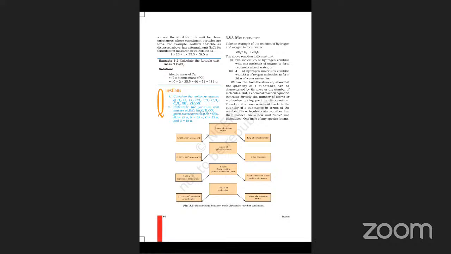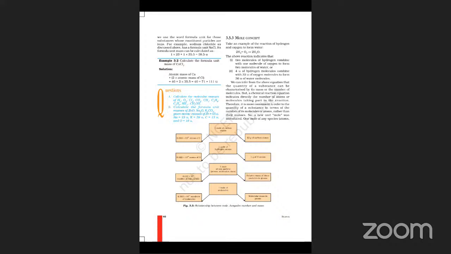Whereas in formula mass unit, we take compounds which have charges in their atoms. That means they have ions, and then we take their number of ions and multiply by their atomic mass, and then add both the elements. Excellent, beta. Excellent, all of you.